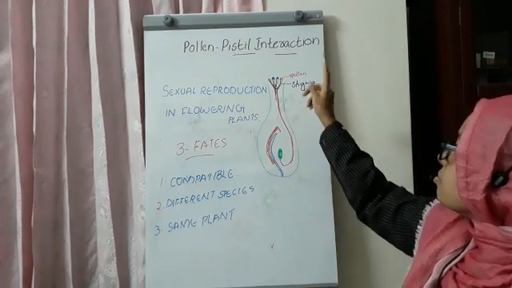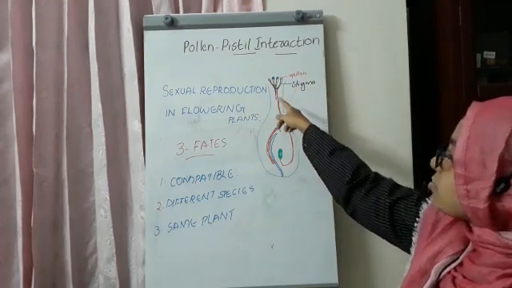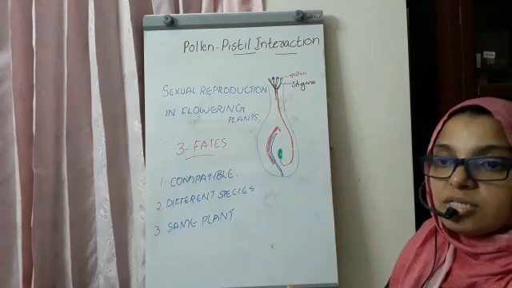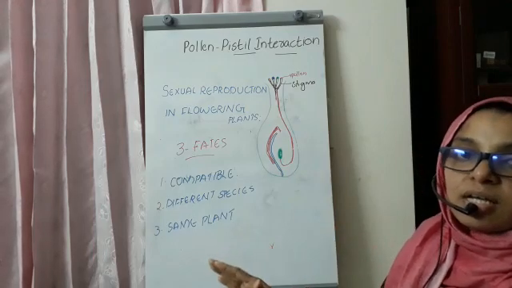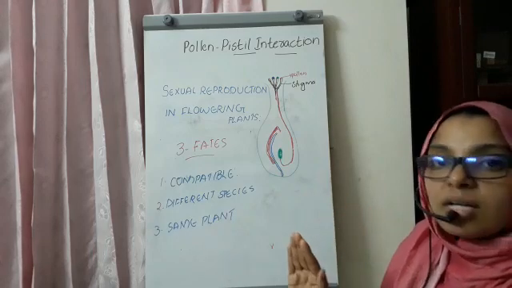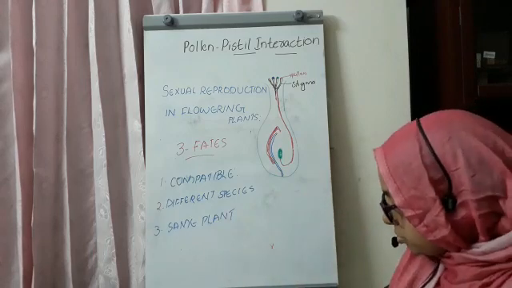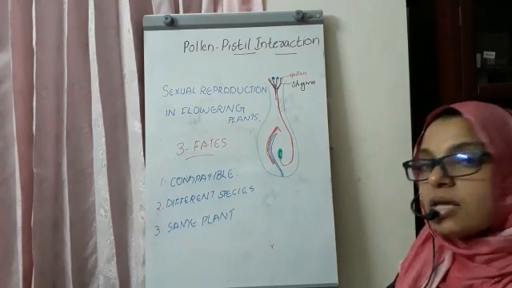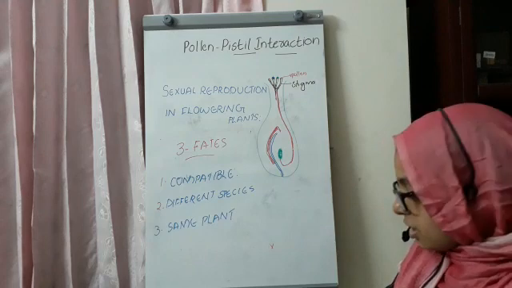If the pollen is from a different species, or from the same plant, the pistil doesn't recognize it, just rejects that pollen, and no fertilization events occur. So the pistil also has the ability to recognize whether the pollen is of the right type.